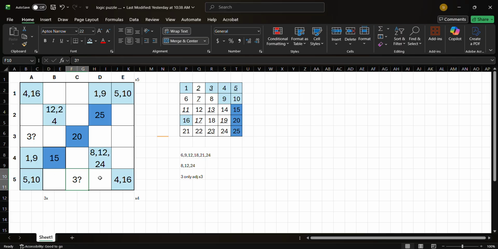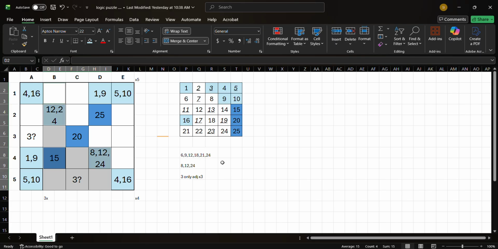Let's assume that this is the 3s. Then we'd have to have 5 spots around it that are in the 3 times table. And then we'd also have to have, so that's 5, 6, 7, 8 in the 3 times table.